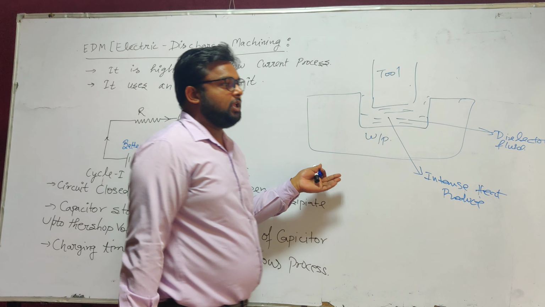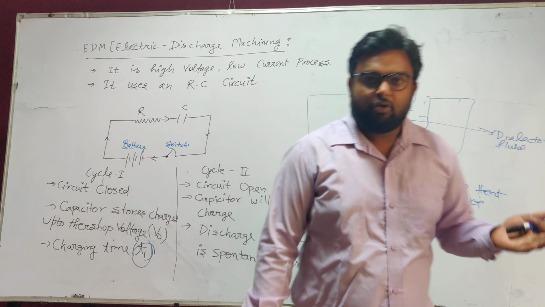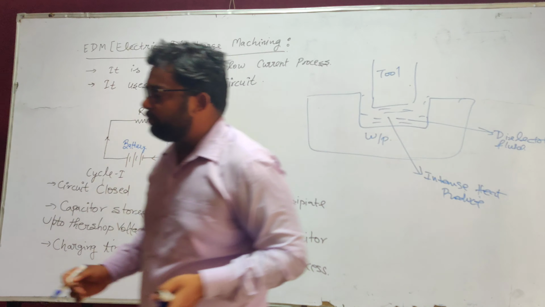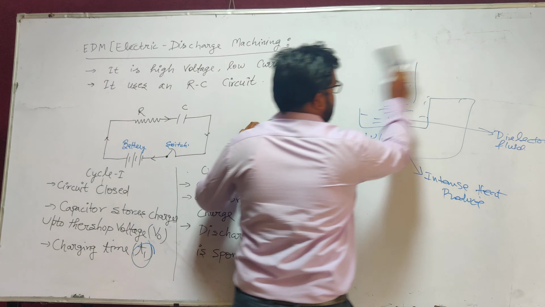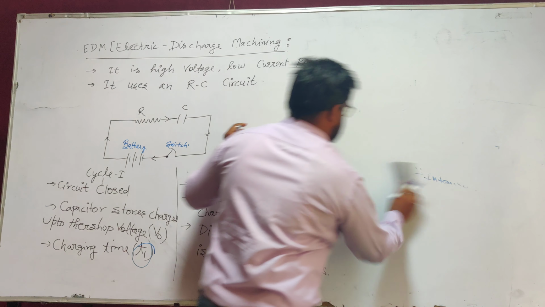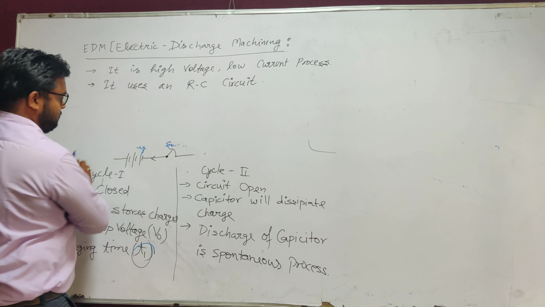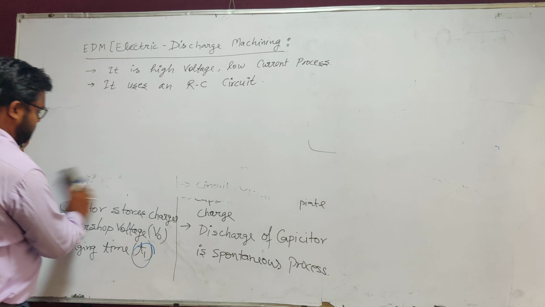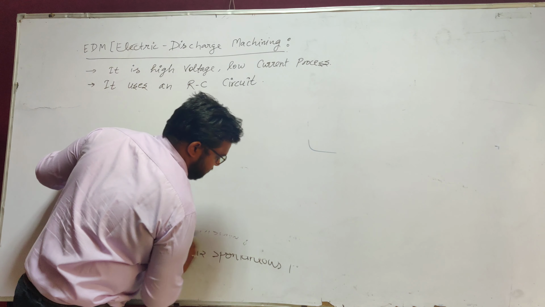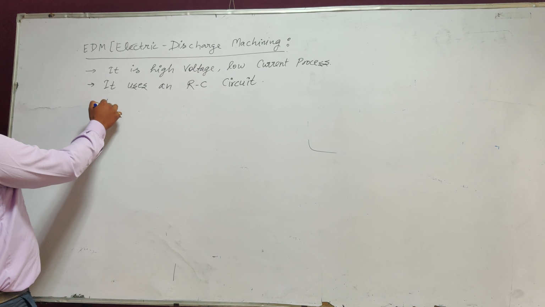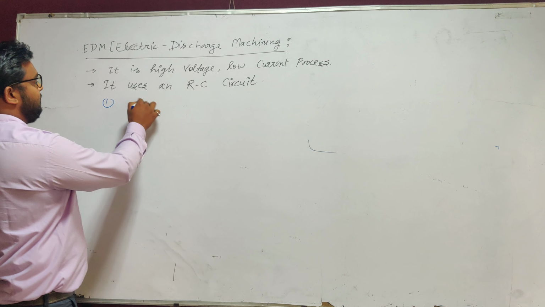Now we move to finding out the various parameters of the EDM process. The first parameter is dissipate voltage.